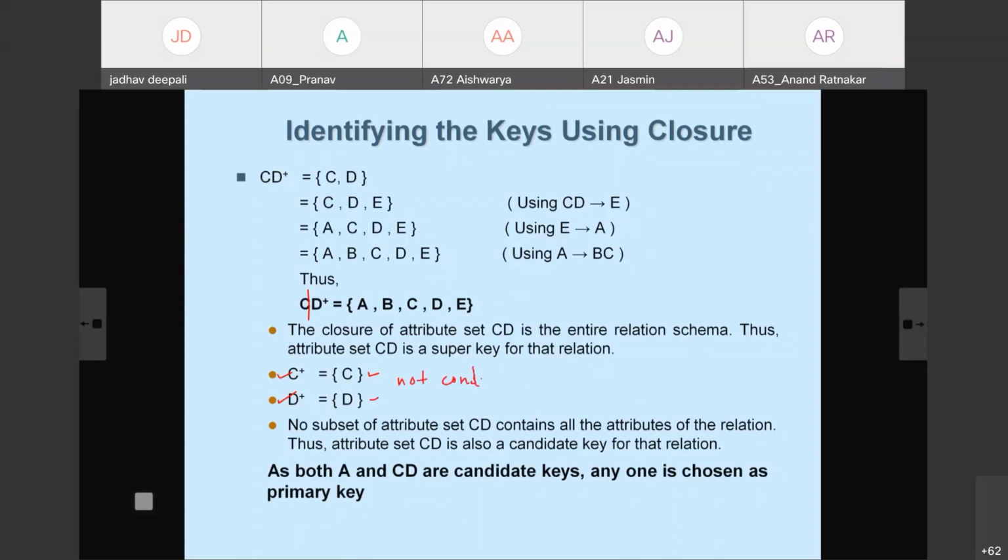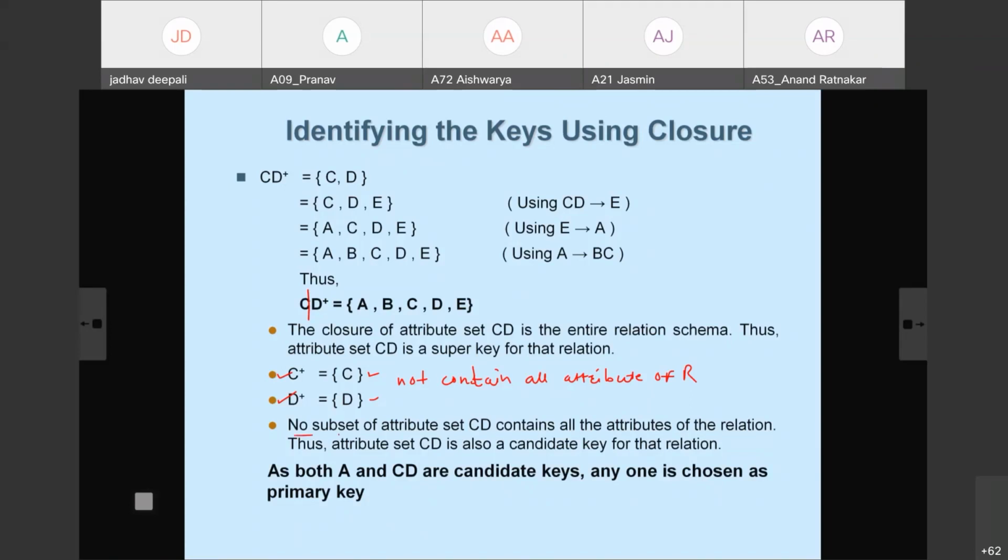It means its subset, when we calculate its attribute closure, does not contain all attributes of the relation R. And that's why CD is a candidate key. CD is a super key and also a candidate key.